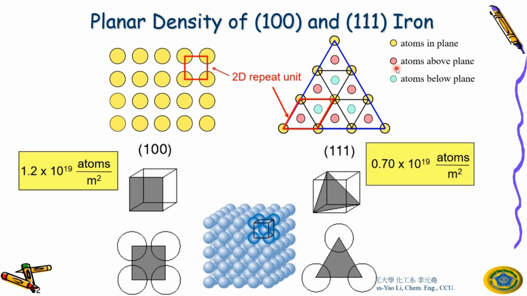Which plane do you want on the surface? Plane 100, right? Plane 100. So when you design the material, when you design some reactors, you need to do this. You need to know the material science before you become an engineer to design the reactor. Okay?